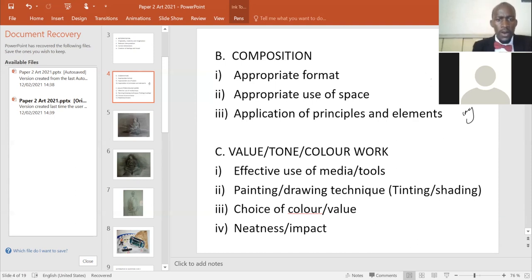So moving forward is the choice of color or value. If you're handling a painting, how appropriate is your choice of color? Are you using dull colors to create a composition?